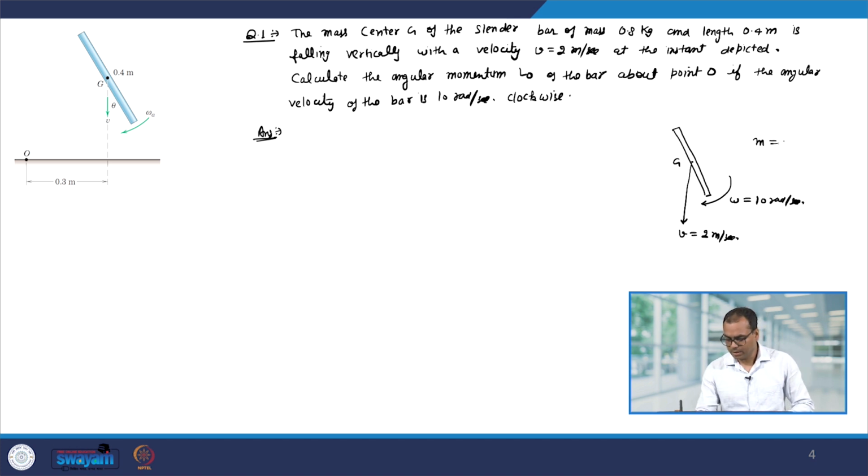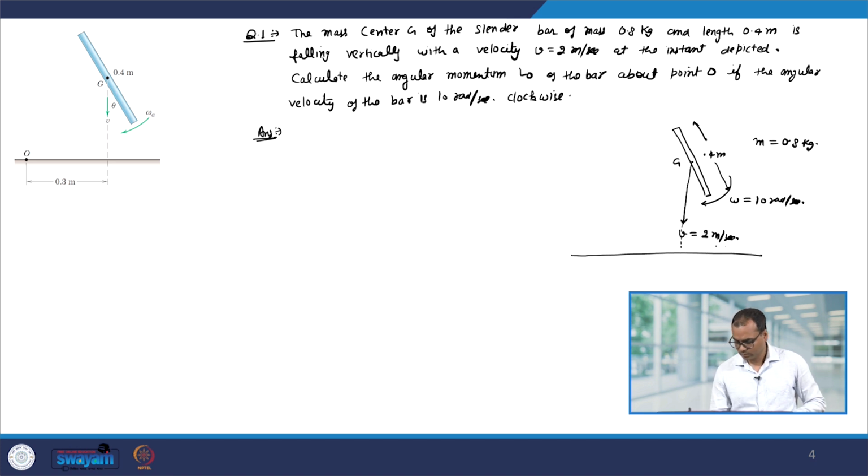Its mass m is 0.8 kg and the length is 0.4 meter. Okay. And we have to calculate its angular momentum about point O. And point O is at a distance of 0.3 meter from the line of action of V.